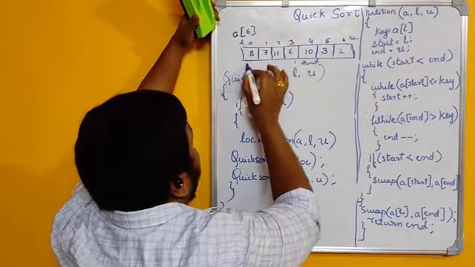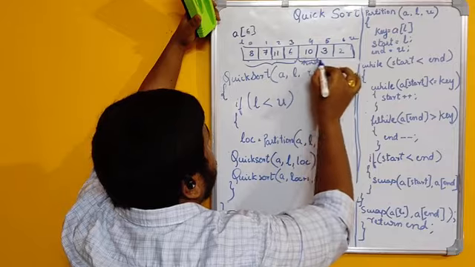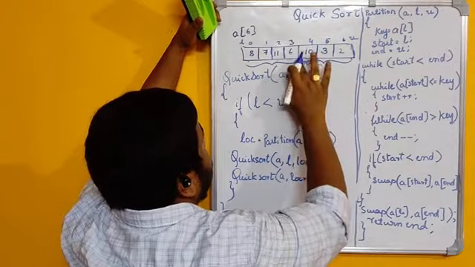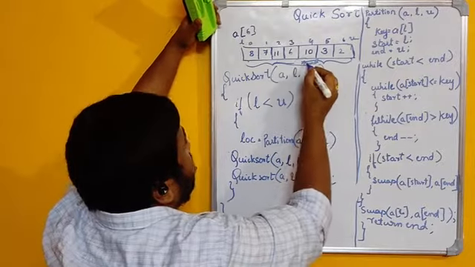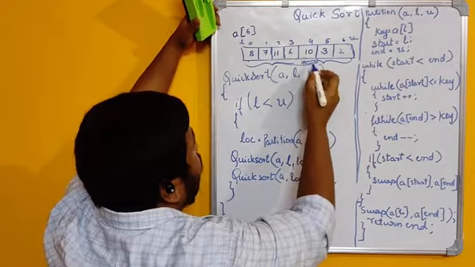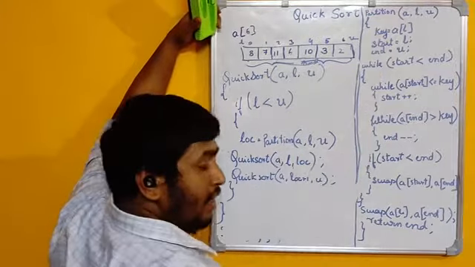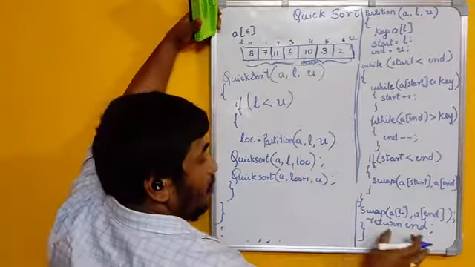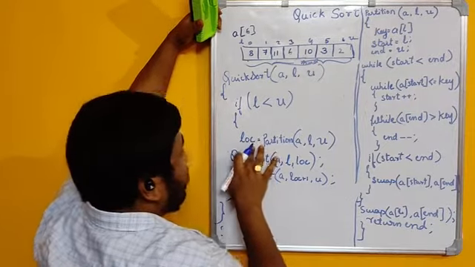Why? Because the array is divided in two parts, as we saw in the last step. See here, this is our end position. End position is the location. End is returned by partition and stored in location.